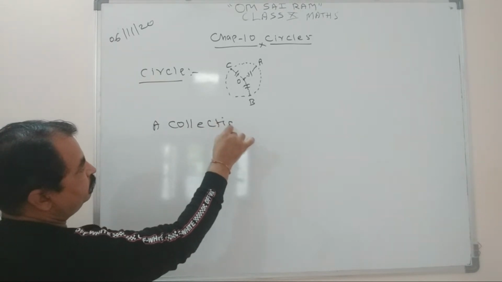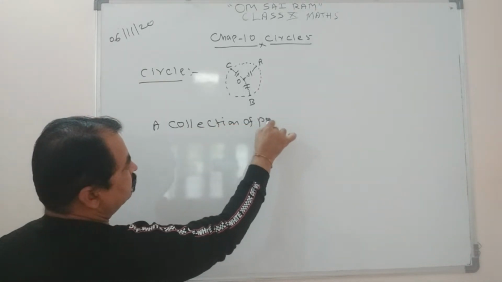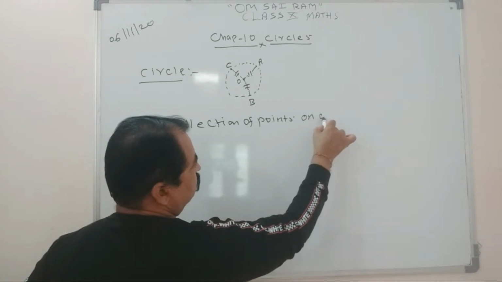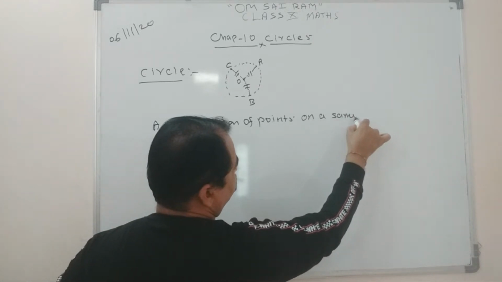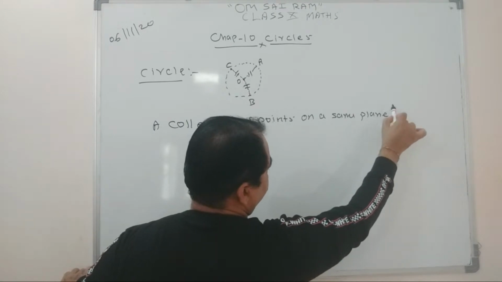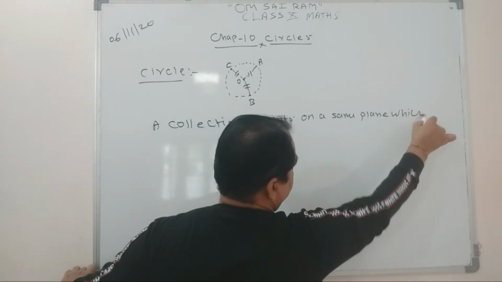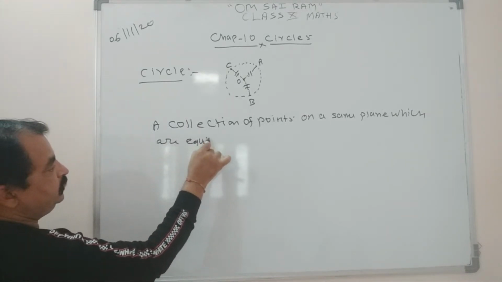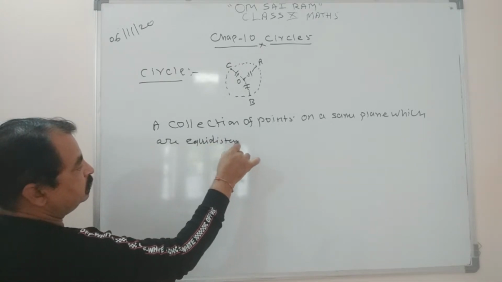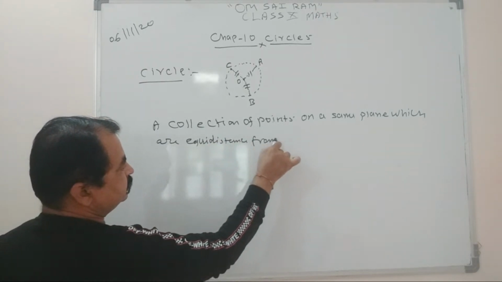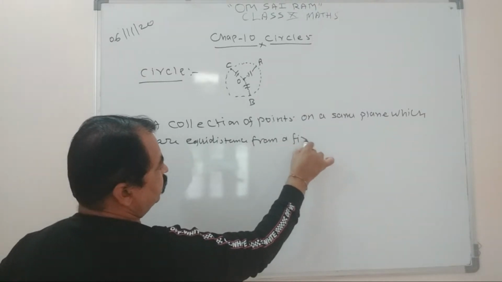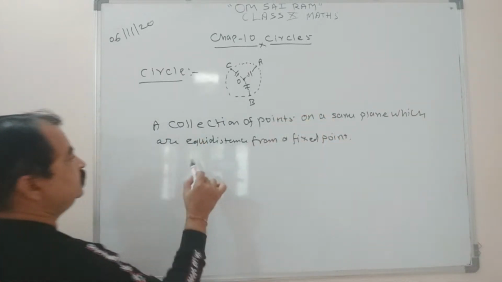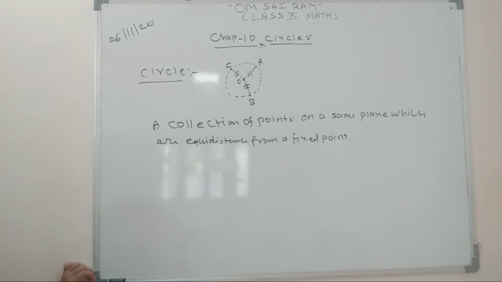A collection of points on a same plane, which are equidistant from a fixed point, children, from a fixed point, right, is called a circle. So in this way you will define a circle.